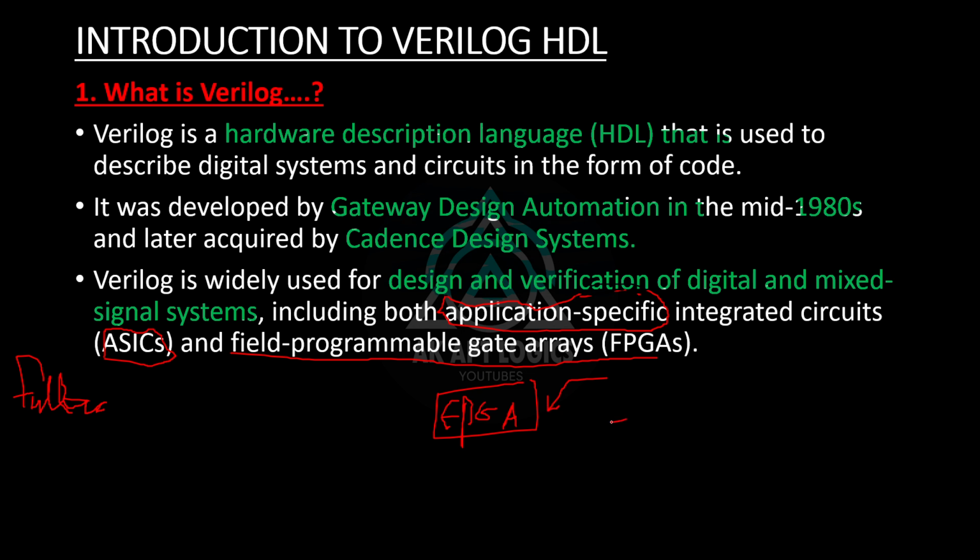Then we erase that code, dump another code into the FPGA and test it again. It acts like Arduino, which is a microcontroller. In Arduino we dump the code of the required application, and we reset it and dump another code, right? So similarly FPGA works like that only.